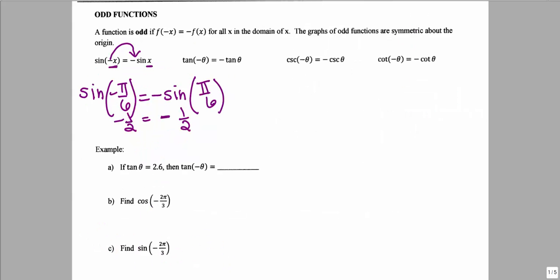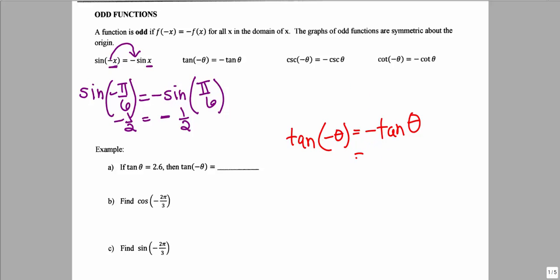So for example, if we knew that tangent theta was equal to 2.6, and we were asked to find tangent of negative theta, using our definition of an odd function, tangent of negative theta would be equal to minus tangent of positive theta. So the negative on the inside can come to the outside.